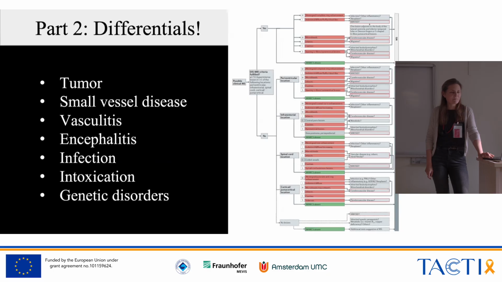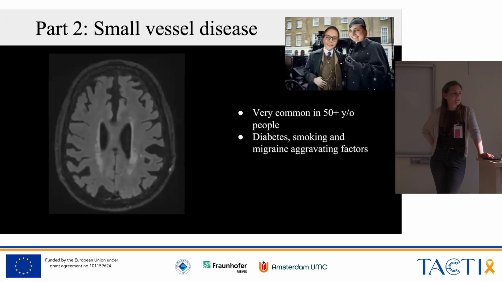It's not really his name, but it's a recent paper on mimics of MS with very good explanations on why something is or is not MS. I can show you the link in a second. Tumor, small vessel disease, vasculitis, encephalitis, infection, intoxication, genetic disorders, all of them can mimic MS. And we are here to find out how to differentiate a little bit more.